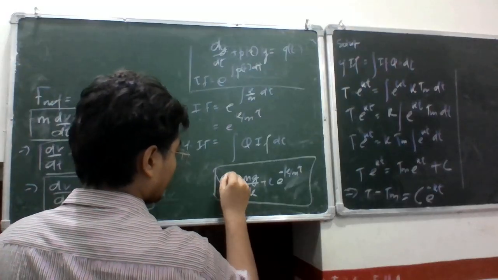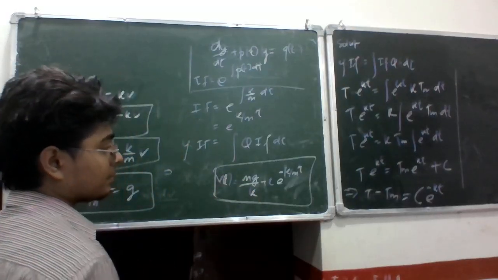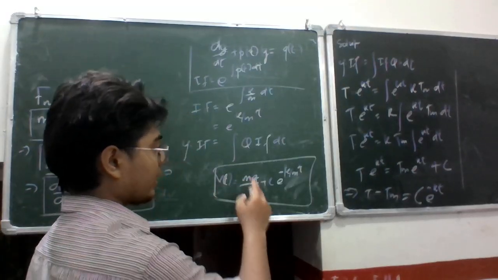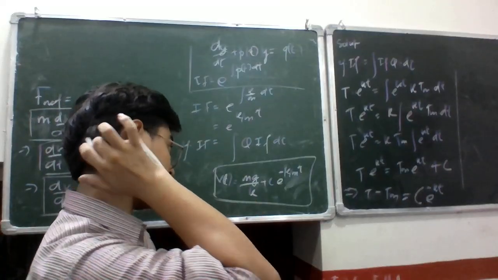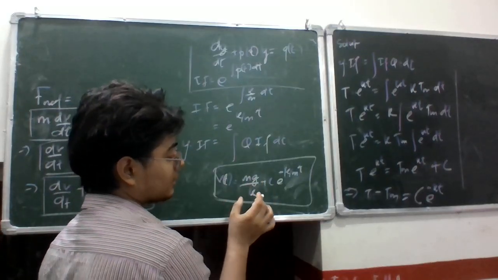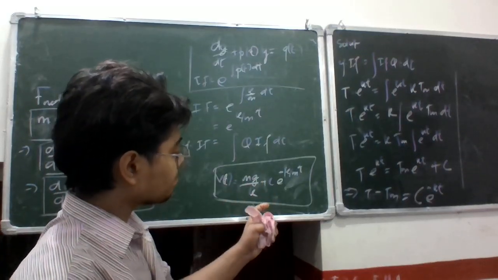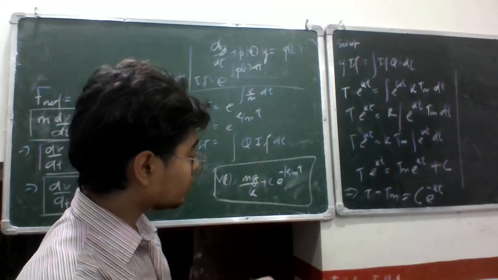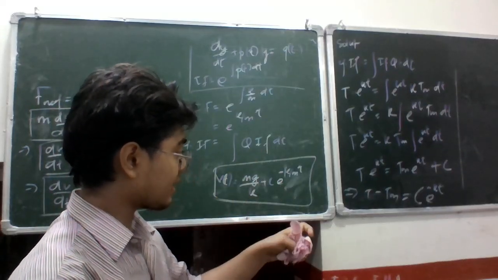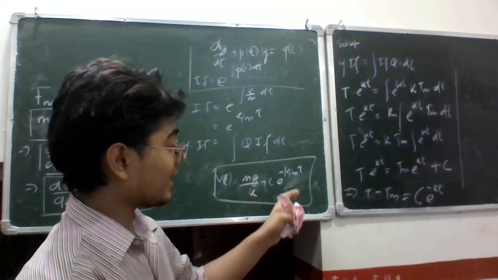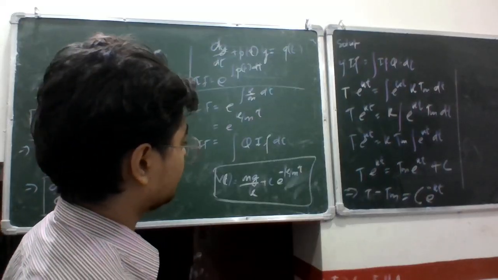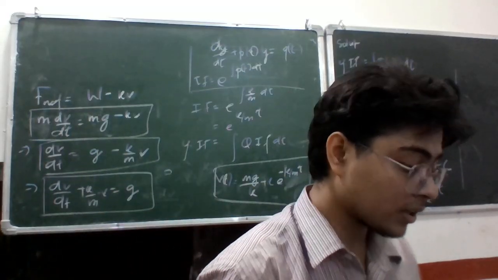Velocity at any instant of time is given by weight per unit k, that means the weight divided by the frictional coefficient, plus c, any constant, times e to the power minus k by m t. Okay, so this is the solution of it.